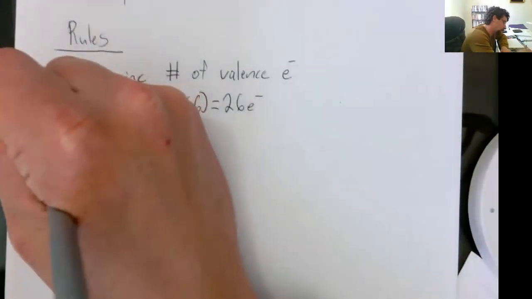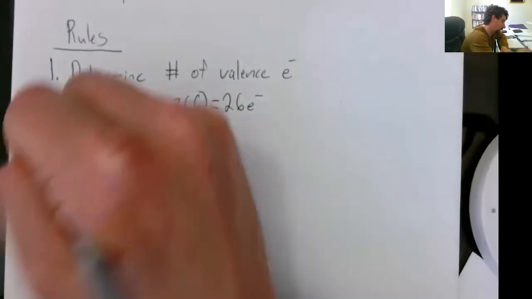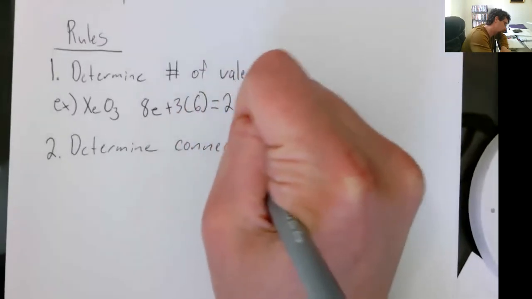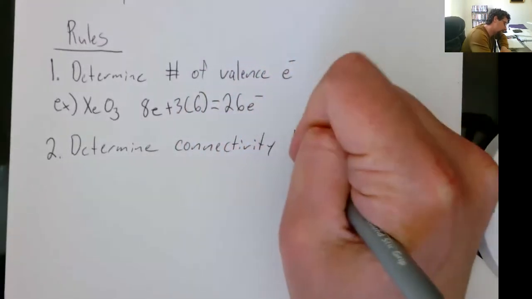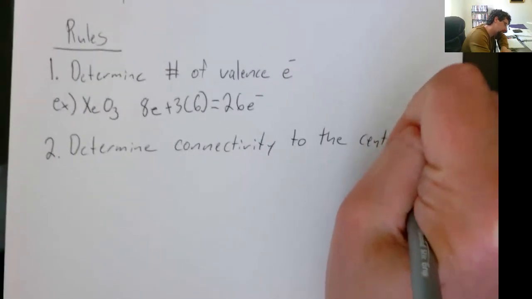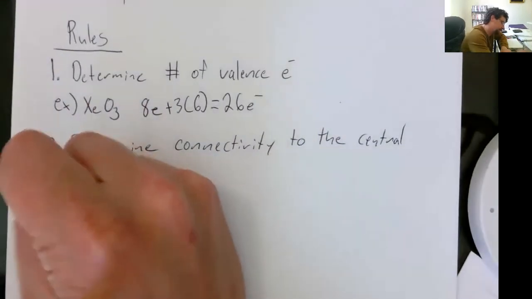The second rule is determine connectivity to the central atom. And what is a central atom?